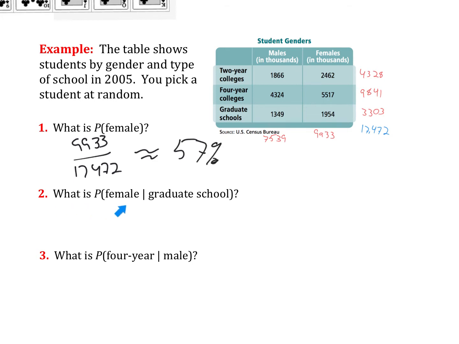Next, what is the probability of selecting a female given that they went to graduate school? So I only care about graduate school right here. This is my only concern.